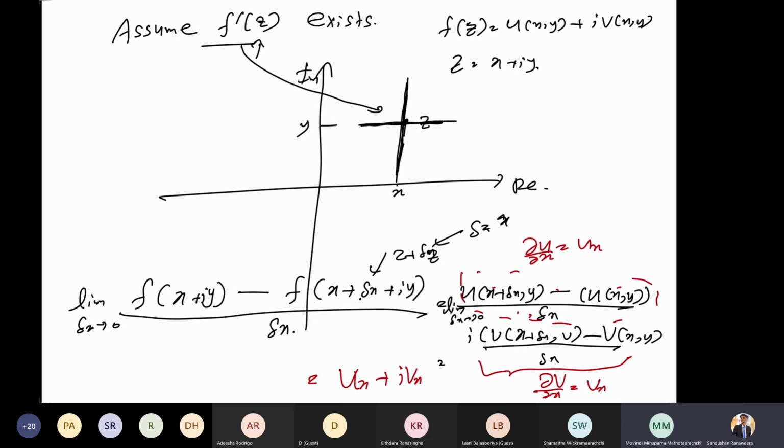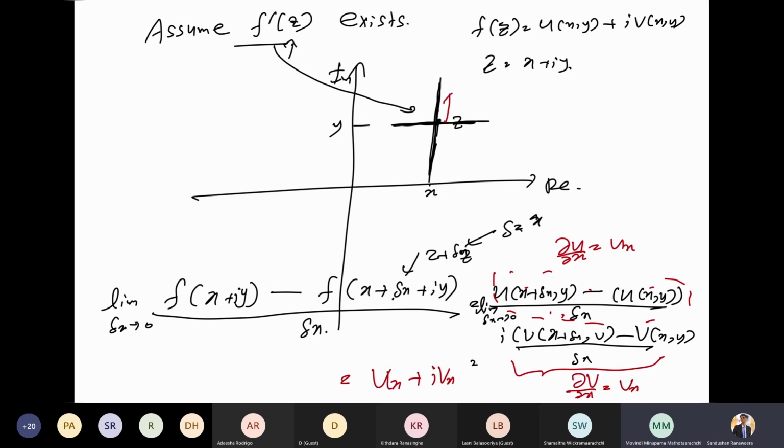So then I'm going to move in this other direction. Now my delta z becomes i delta y, because if I move y plus delta y, z plus delta z becomes x plus i times (y plus delta y). So I am adding i delta y to this. I will now evaluate the limit as delta y goes to 0.